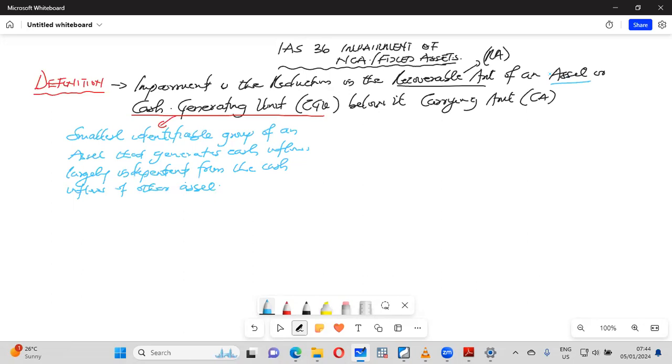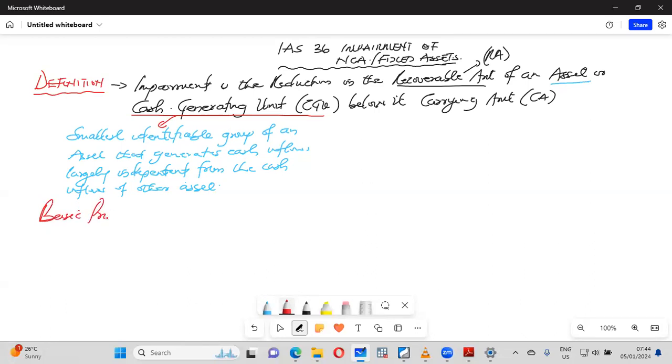Now, the basic principle in impairment is that an asset should not be carried over and above its recoverable amount. That is the underlying factor that you should know.